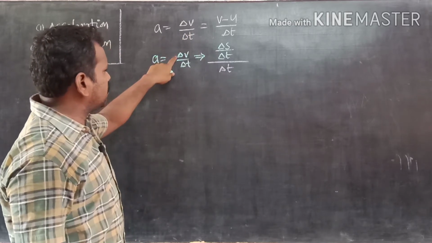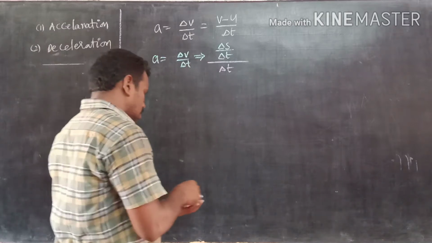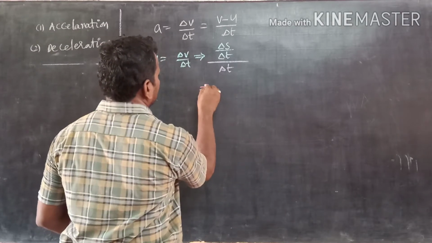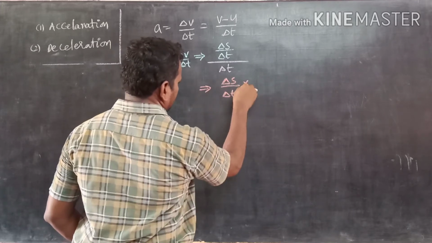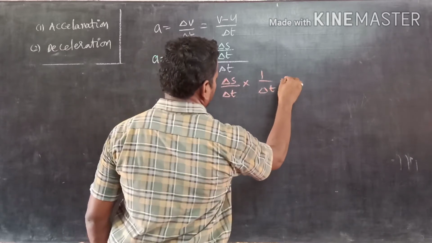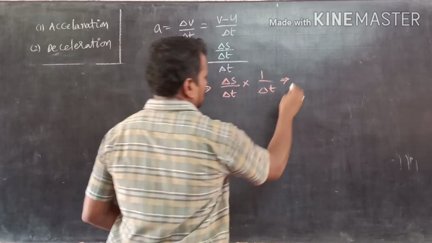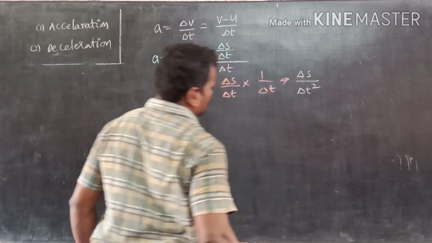Now this value becomes delta s by delta t into 1 by delta t, which becomes delta s by delta t square.